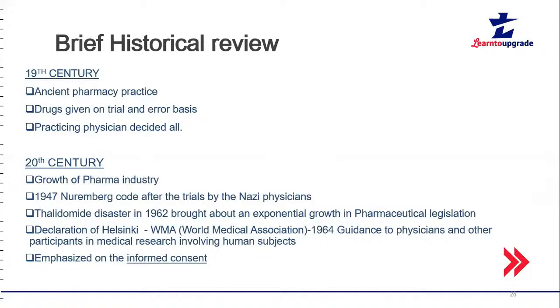Somewhere in the 19th century, many ancient pharmacy practices started. Not much clinical trial at that time. When they started doing this type of trial, it was on a hit and trial and error basis, like what we sometimes do nowadays in our laboratories in our 11th, 12th classes and bachelor's, producing some product to get some kind of result.